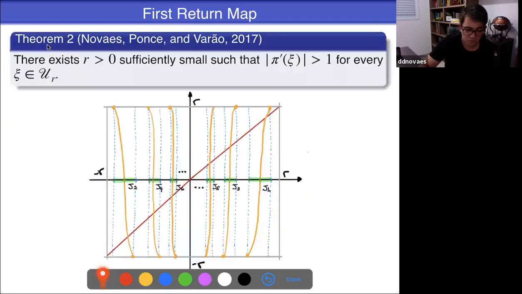Okay, so when we draw this first return map, we see something like that.